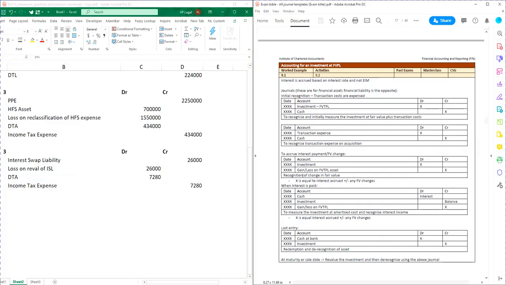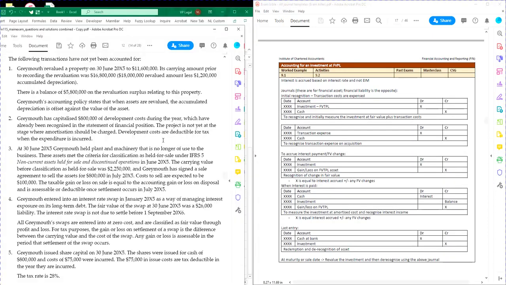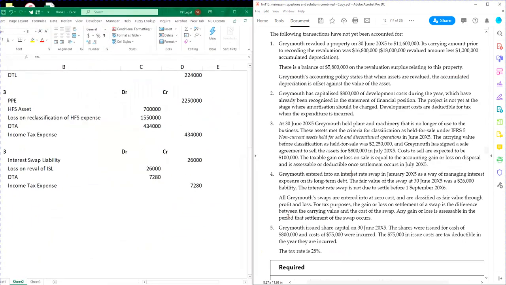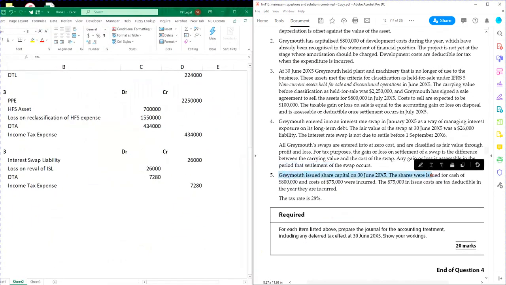And then let's just quickly close off the exam by going through the last question here, which is number 5. Greymouth issued share capital on 30 June 2015. The shares were issued for cash of $800,000 and $75,000 of costs were incurred.